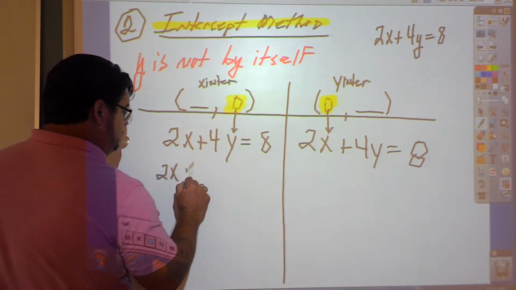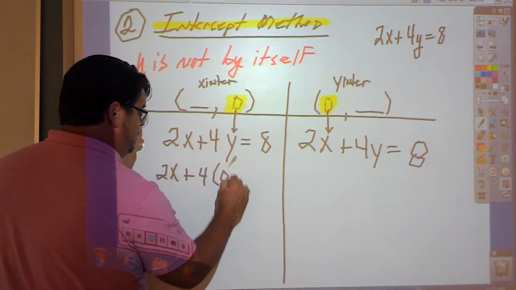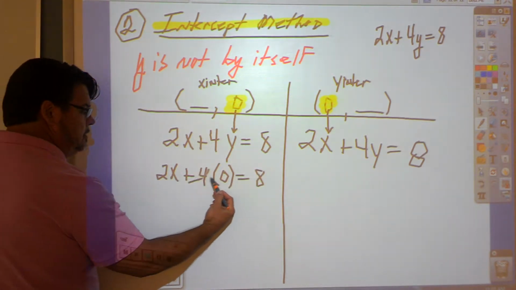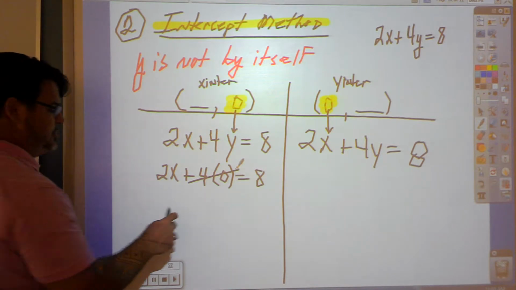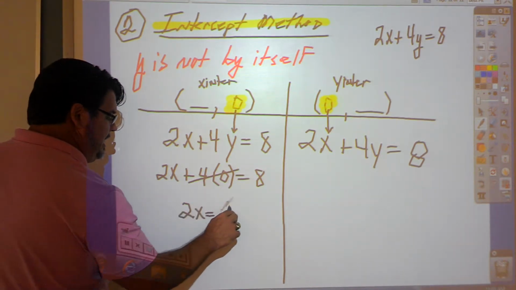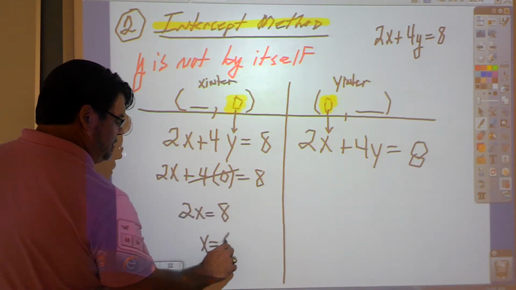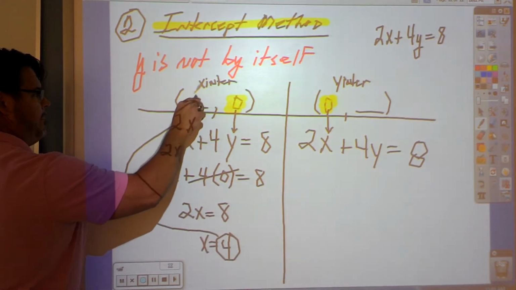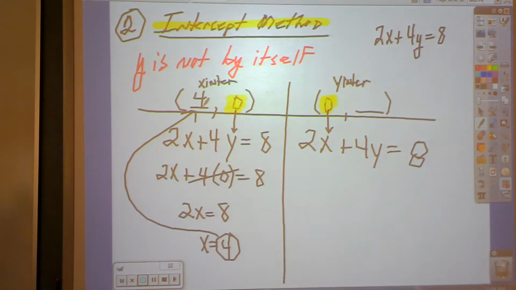2x plus 4 times 0 is equal to 8. And what happens to that term right here? It goes out, and that leaves you with 2x is equal to 8, and x is equal to what? 4. And that 4 goes where? X coordinate. Right there. And that's how you do it. Now you do the second one.